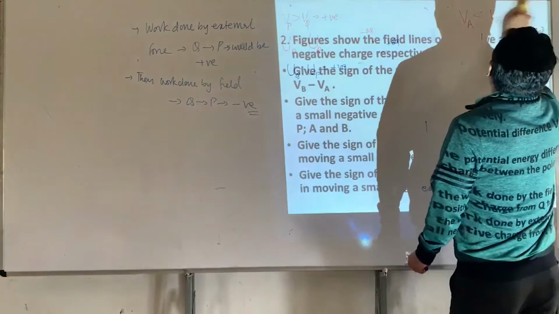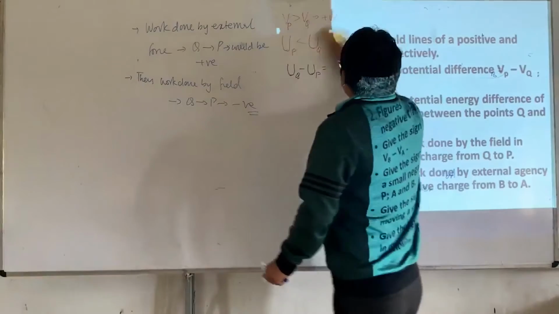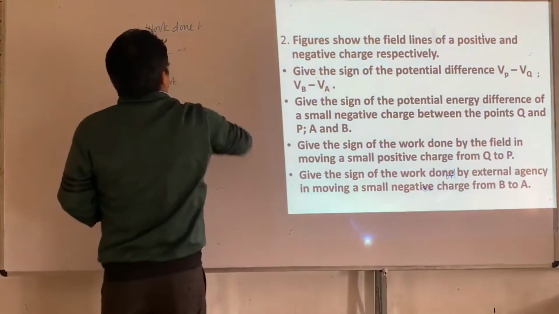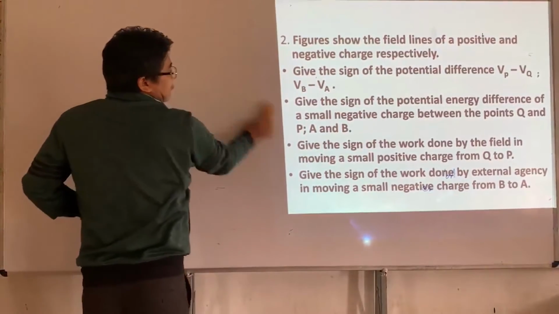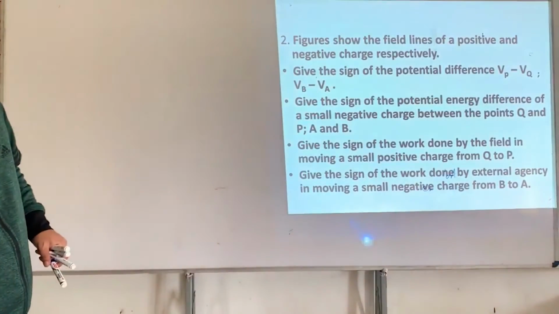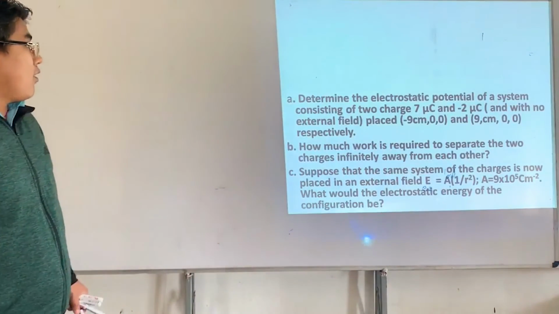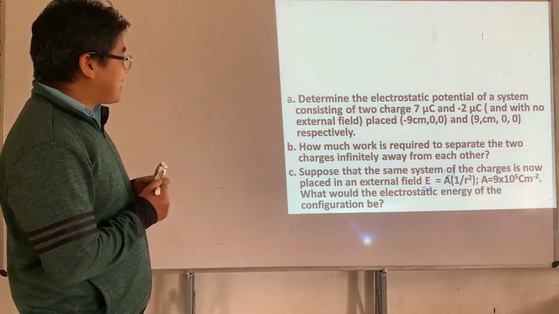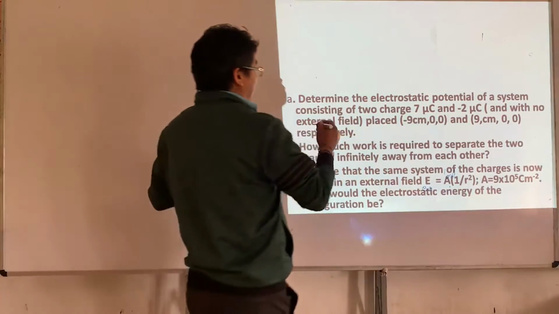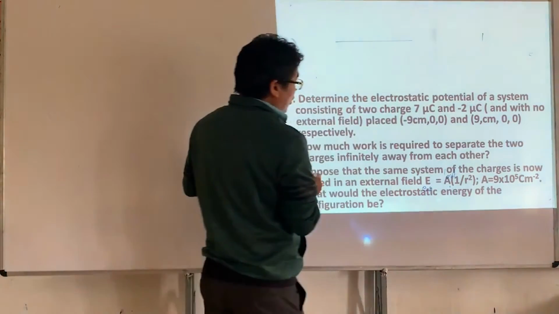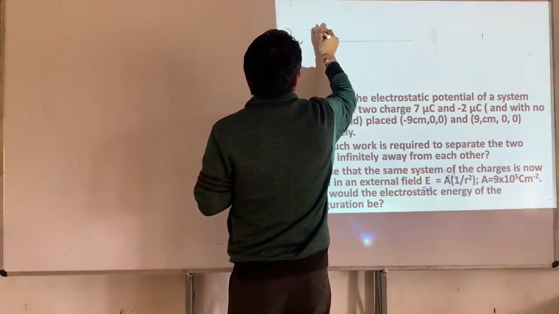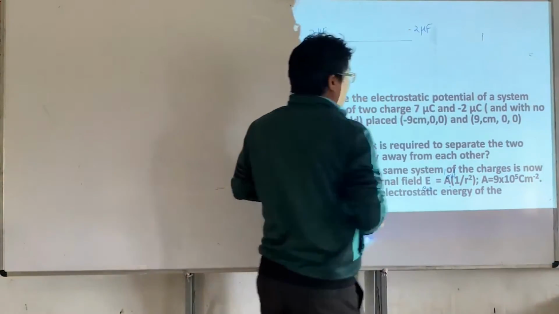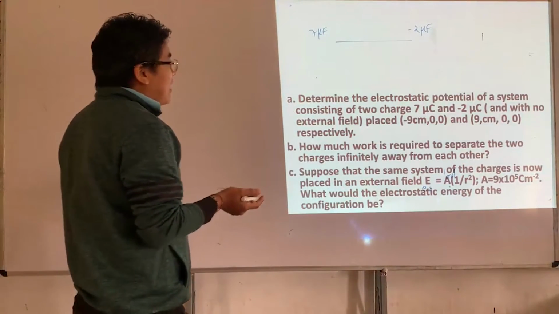Now we'll do a third problem. The third problem is to determine the electrostatic potential energy of a system consisting of charges. So I have a system consisting of a charge, let's say 7 microcoulomb, and let's say minus 2 microcoulomb, with no external field.